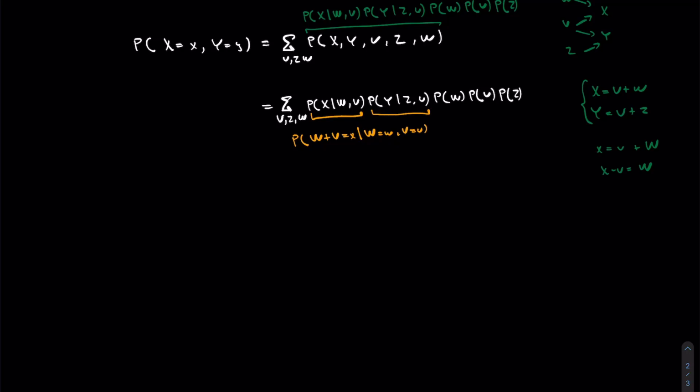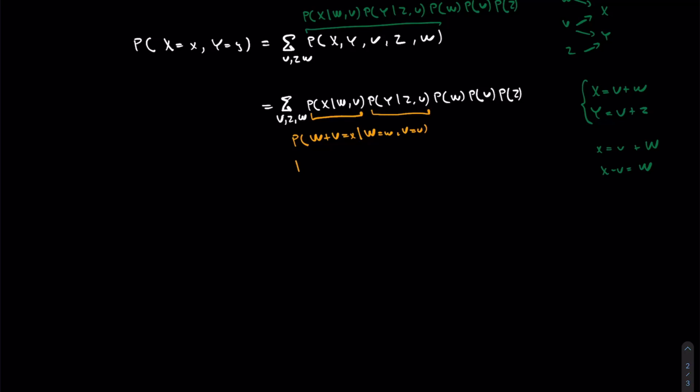Whenever you choose a value of X and then condition on either W or V, say you condition on V because we can use that also for Z, it's the same thing. These two events are the same thing. So we can drop one of the conditionings, because it's superfluous.